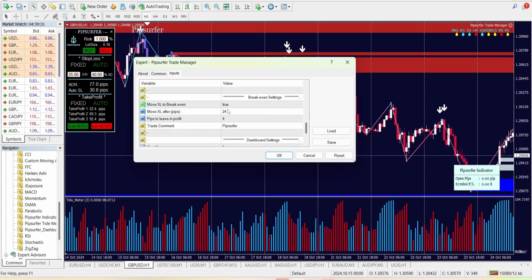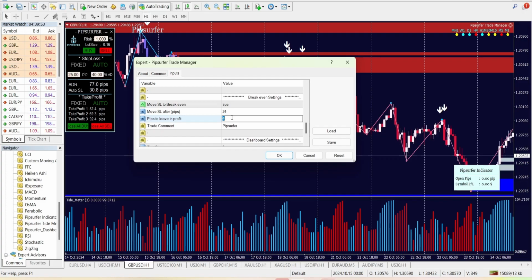For break even, you can choose to move your stop loss up one time using the break even settings. So in this setting, when the profit is up 24 pips, you can move your stop loss from whatever the stop loss is in the negative to whatever you annotate here for the positive.